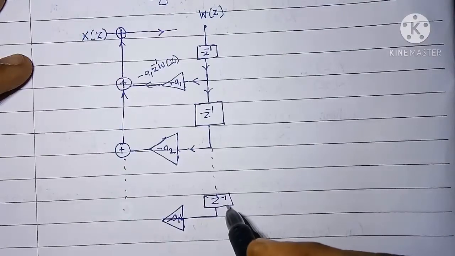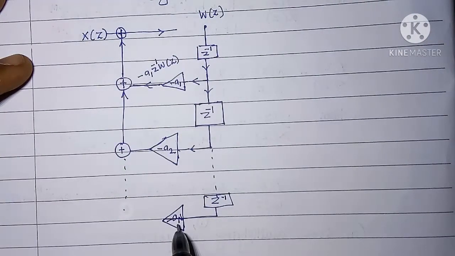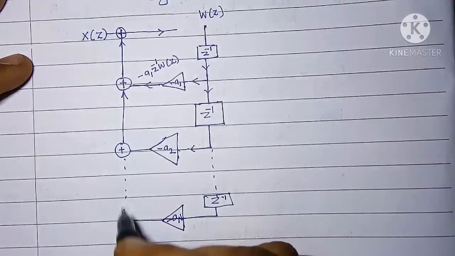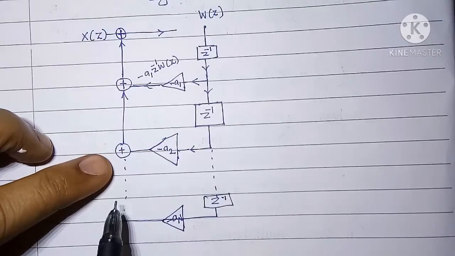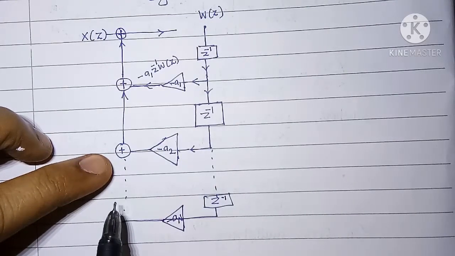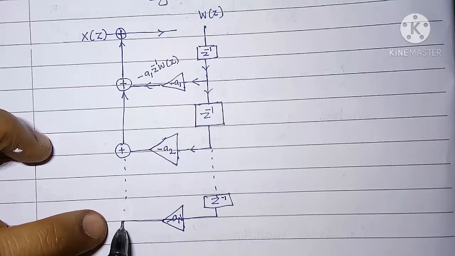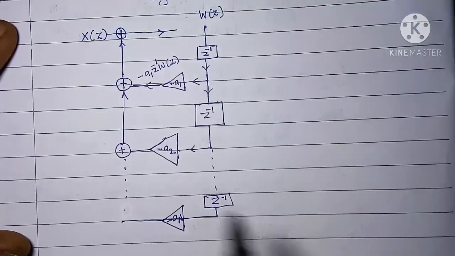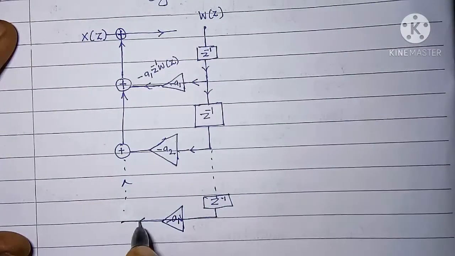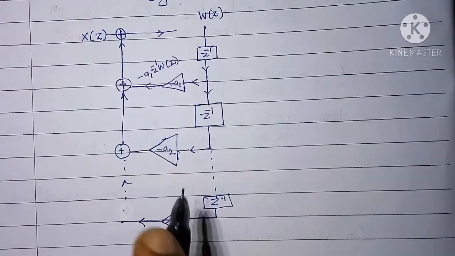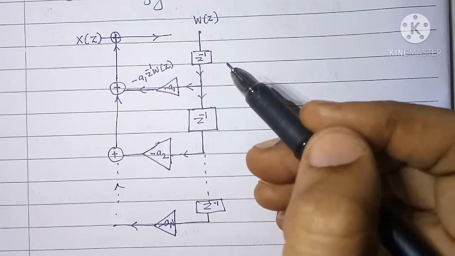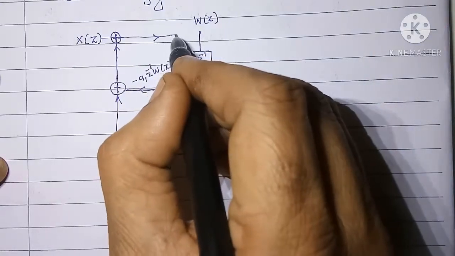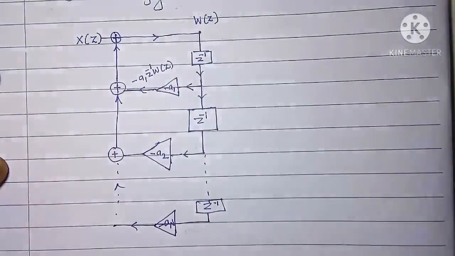The z raised to minus 1, gain is minus an, and its output I have to give as input to the adder here. And I will join this point to W of Z.